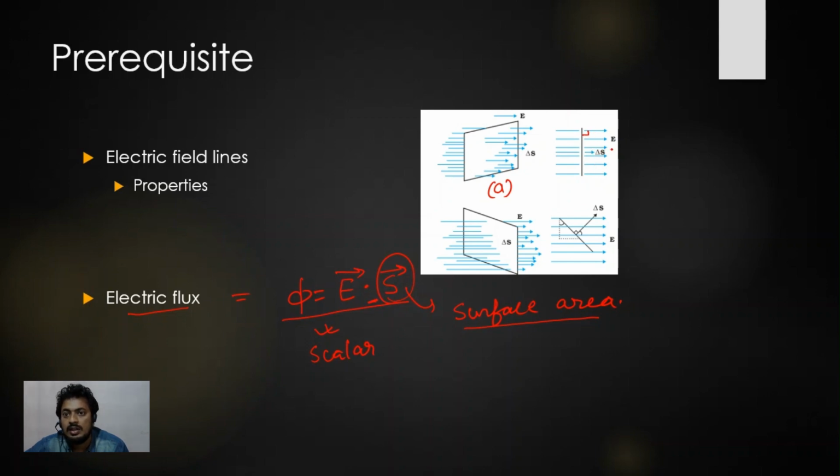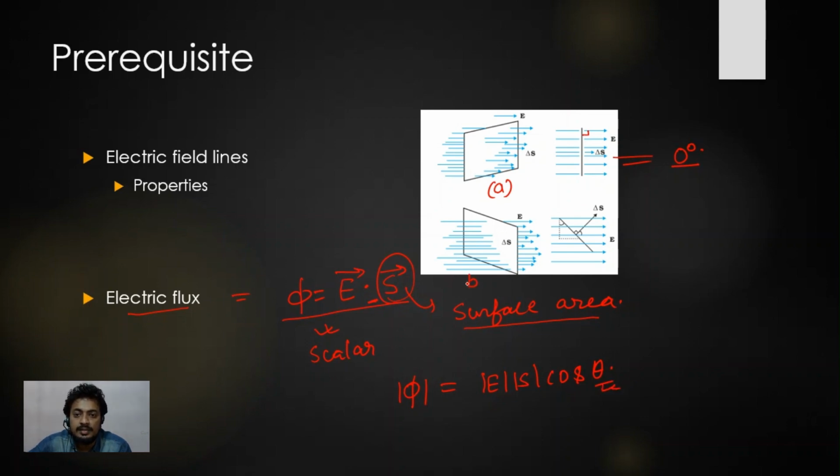So the angle between E and delta S, surface area and electric field, in this case is 0 degree. If you find the magnitude of flux, it will be E S cos theta.